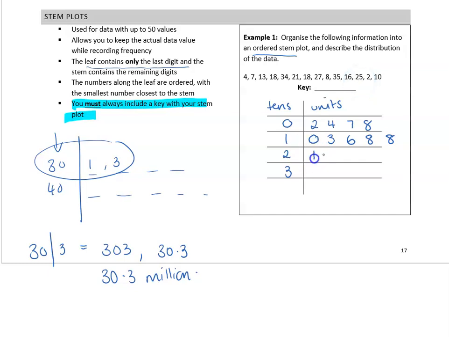So again, in order, 1, 5, 7. And finally, in our 30s, we have a 34 and a 35. So 4, 5. So you can see there I've tried to keep those numbers nice and evenly spaced, so I can see, if I wanted to know the modal interval, the largest frequency interval, that it's between 10 and 19.